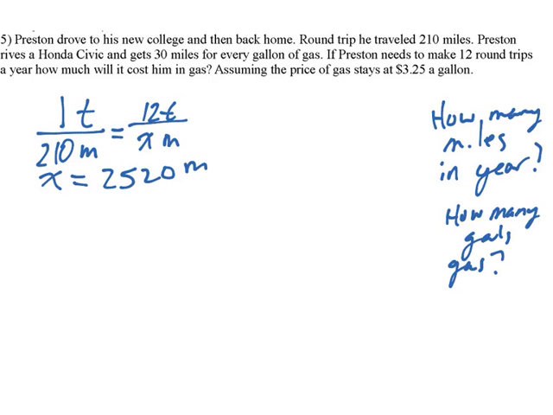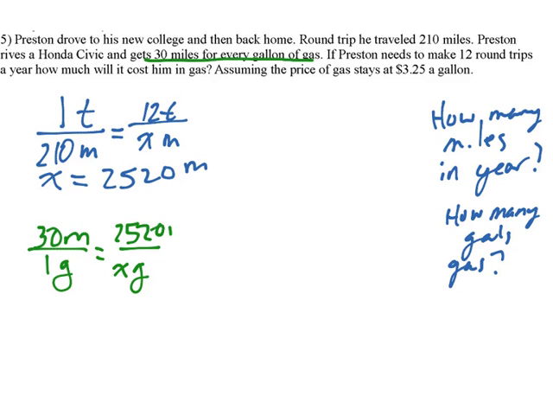Okay, now we need to figure out how many gallons of gas he uses in 2,520 miles. Well, we know that he goes 30 miles for every 1 gallon of gas, and we want to know how many gallons of gas he's going to use in 2,520 miles.